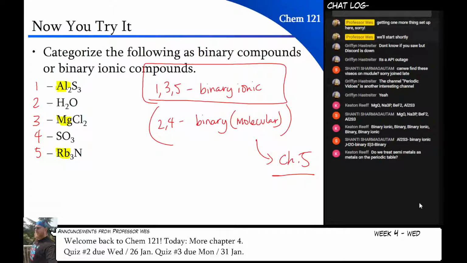Do you treat semi-metals as metals? If you mean metalloids, those tend to be treated like non-metals. However, it does depend. There is a property that I have not disclosed to you yet that actually dictates, as a numerical value, whether you call it a metal or a non-metal in a compound.